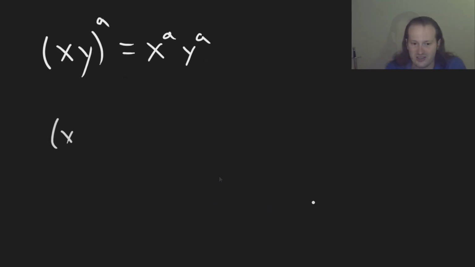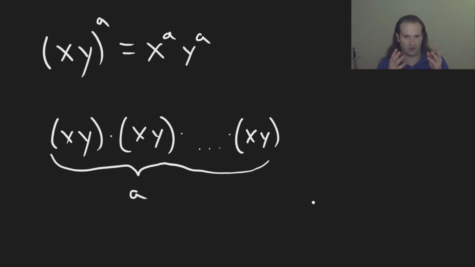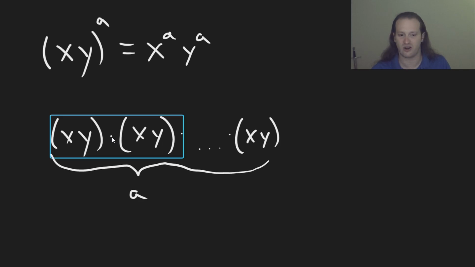Let's prove this. X times y to the a, by definition, is the same thing as multiplying x times y by itself, and there's a of these blobs. X times y, variables next to each other, is multiplication, and all of those parentheses, I probably didn't even need to write the times in between, I just did that for emphasis.